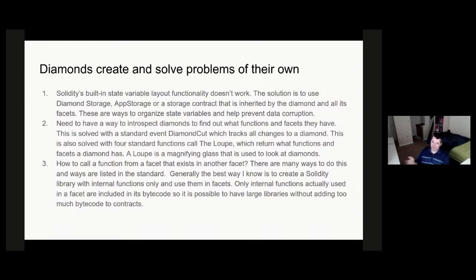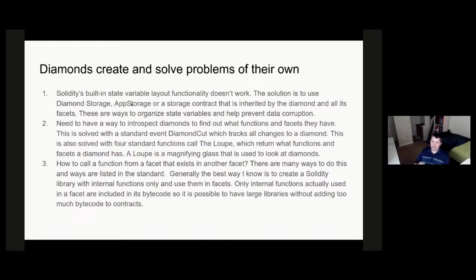You just follow how you do it. Diamond storage is a pattern of laying out state variables in diamonds and also in proxy contracts that works. And there's another pattern called app storage.